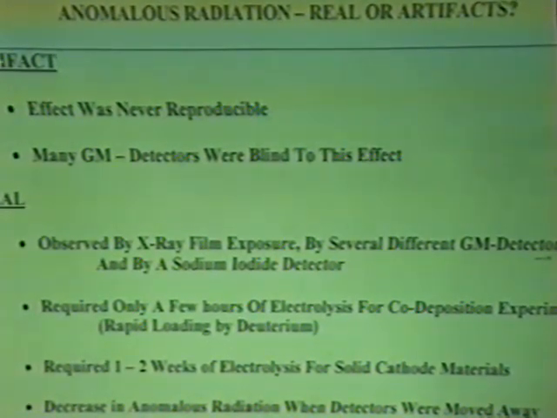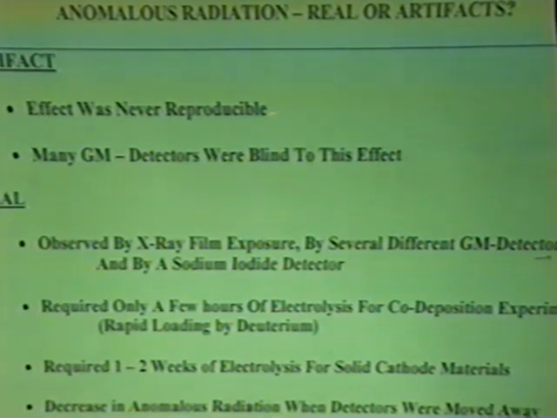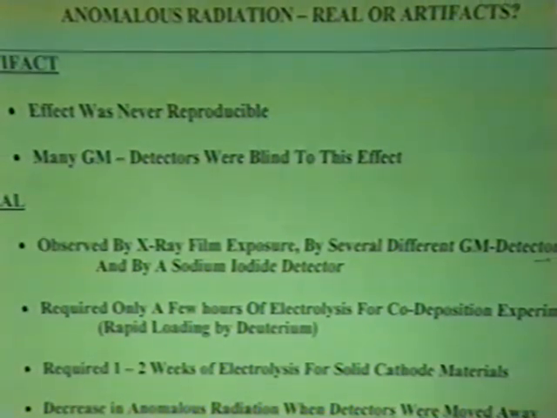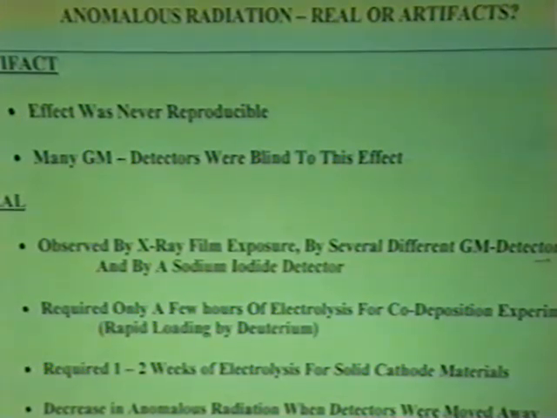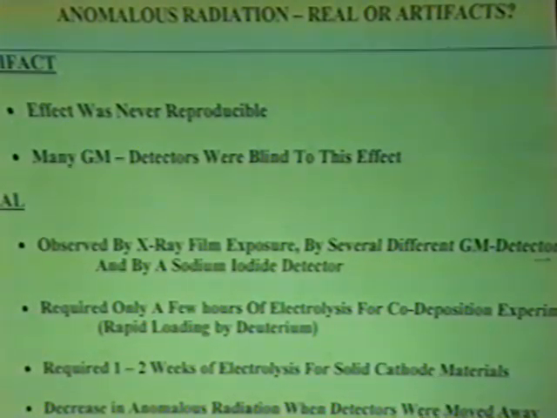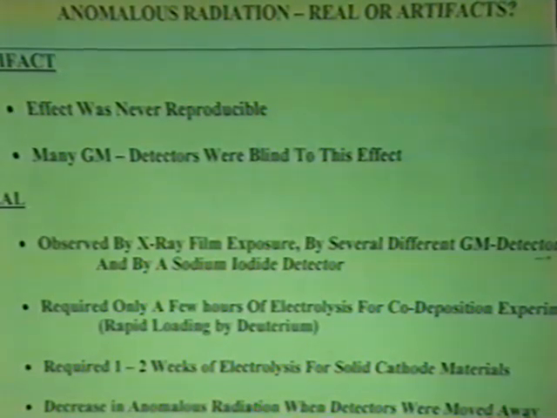The reason you could argue it's an artifact is that it was never reproducible, like many things in cold fusion, and many GM detectors we tried were blind to this effect. However, I might add that no two GM detectors were ever the same. When we checked their plateaus and other characteristics, every detector was unique. There are no two detectors that behave the same way of any that we ever tested.